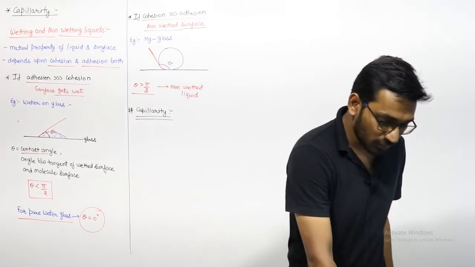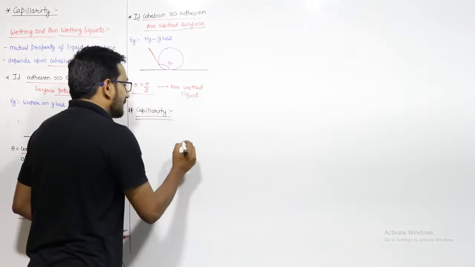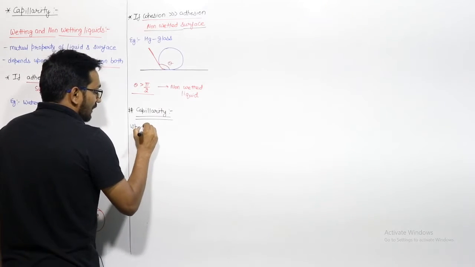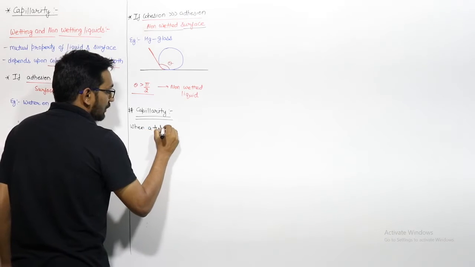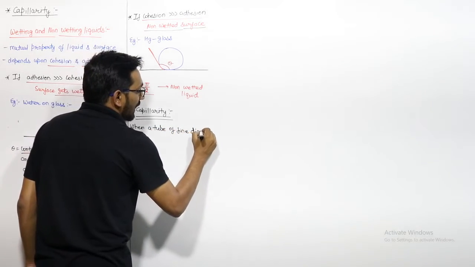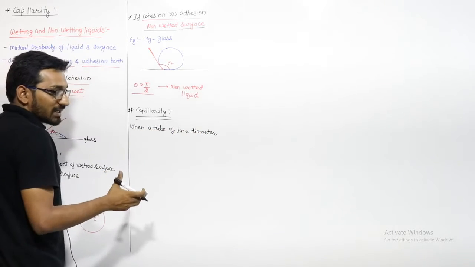So we can write this definition: capillarity is the phenomenon when a tube of fine diameter, very small diameter, is submerged in a liquid. We will discuss why we take the fine diameter when we derive the formula for the capillary rise.